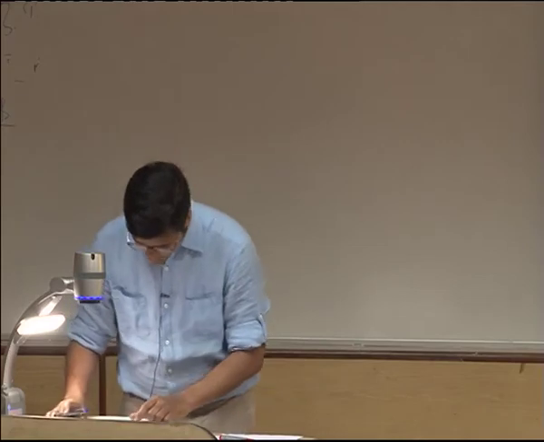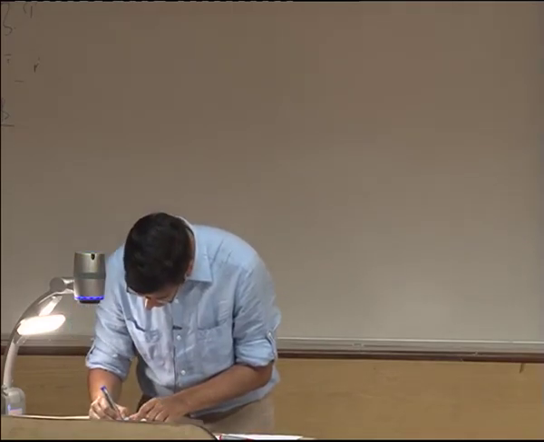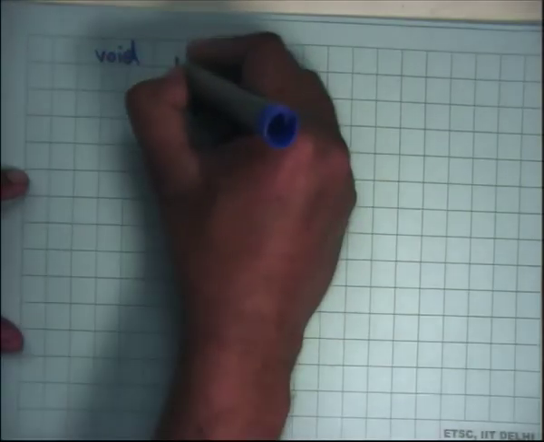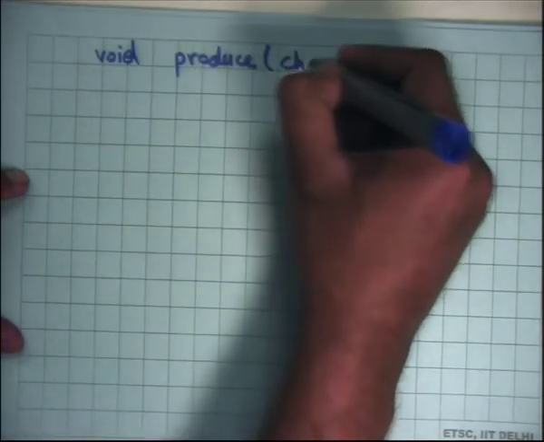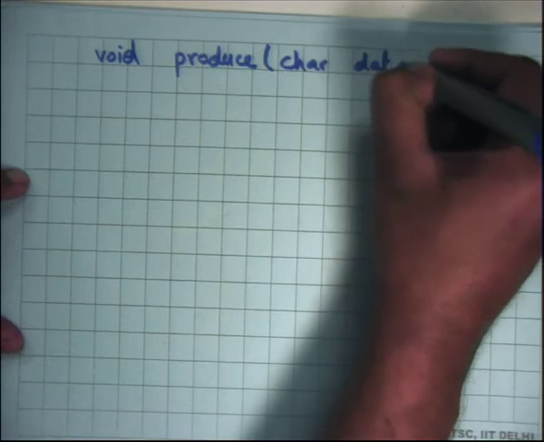So, I am going to say void produce, char data.